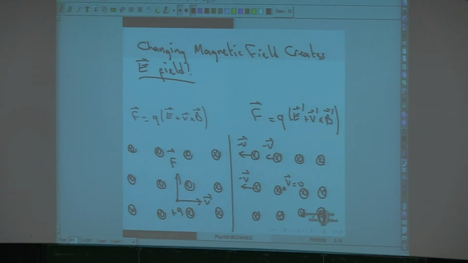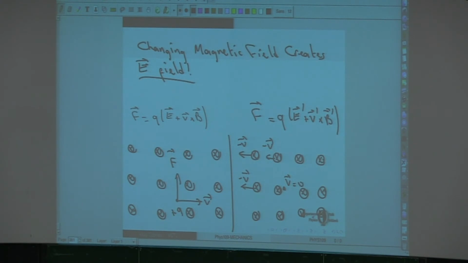Now, at this level, you can ask me, can we treat the electric field as a changing magnetic field? Well, if you just take a point charge at rest, there's no magnetic field over there. There's no changing magnetic field, there's only an electric field. So I cannot say that the electric field is a changing magnetic field.